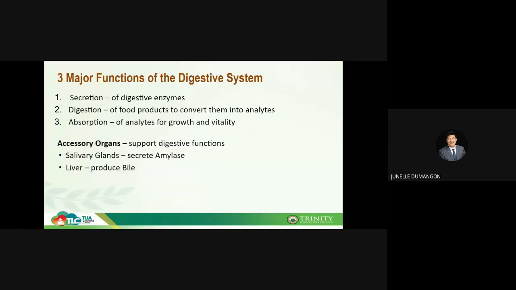Accessory organs also include our liver. Why? Because the liver produces bile, and bile is very important for the digestion of fat or lipids. And then lastly, your gallbladder, which functions as the storage of bile. The liver will continue to produce bile, but of course, we do not eat 24 hours a day.